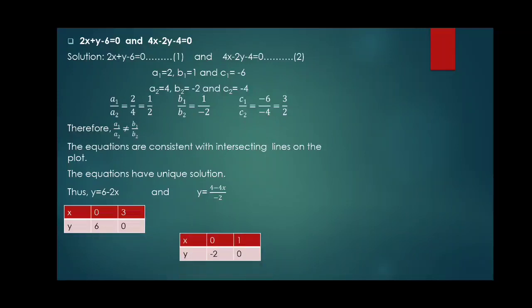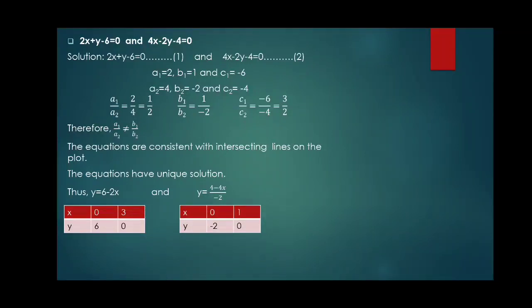Similarly for the second equation, when x is equal to 0, y is equal to 4 by minus 2, which means minus 2. And when x is equal to 1, 4 minus 4 into 1, which is 4 minus 4, 0, 0 by minus 2 you get 0, y is equal to 0. So these are the 2 points.